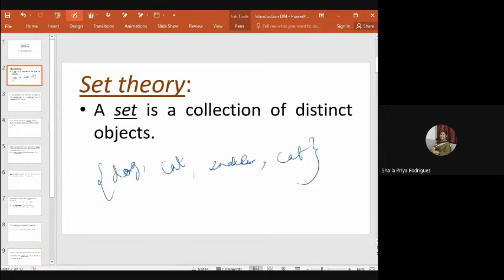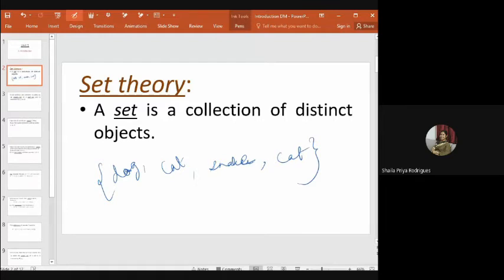Do they match? The set I've written, does it go according to the definition that I've put up here? No, ma'am. What is wrong? I've written cat twice, right? So the elements of the set are not distinct because cat is repeated.